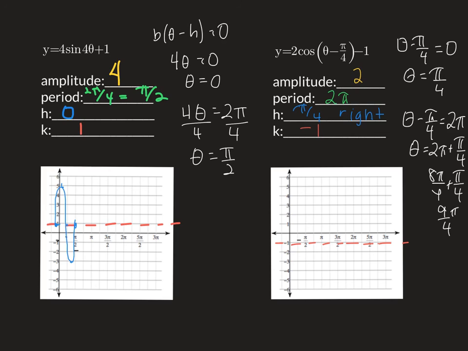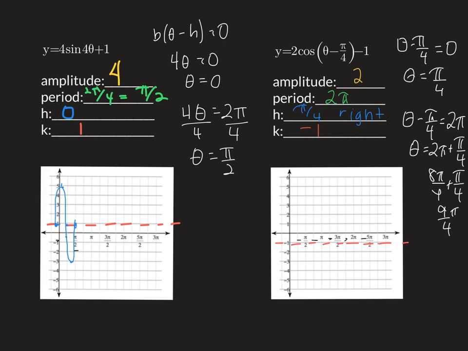So it's going to be, oops, that doesn't look like it. It's going to be that line in between the 2 pi and the 5 pi over 2. And then my next point needs to come halfway between those two. And halfway between those two is right here in between the pi and the 3 pi over 2. And then halfway again, notice we've got all the lines that don't have actual values on them.